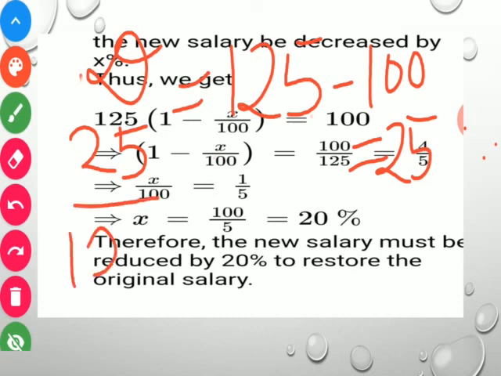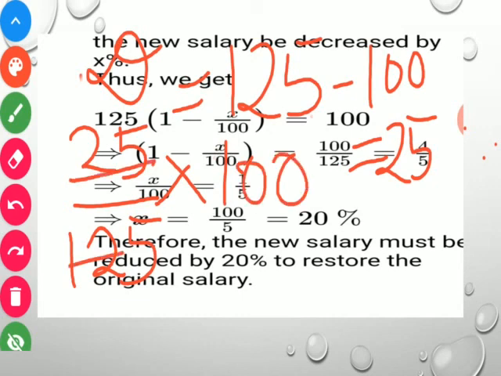So the difference upon the new salary, that is 125, and to calculate its percentage, multiply it by 100. This and this will be cancelled 5 times.